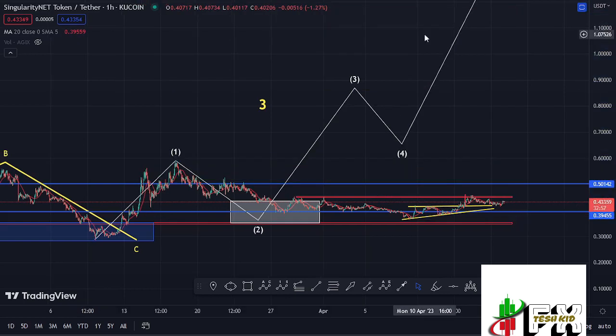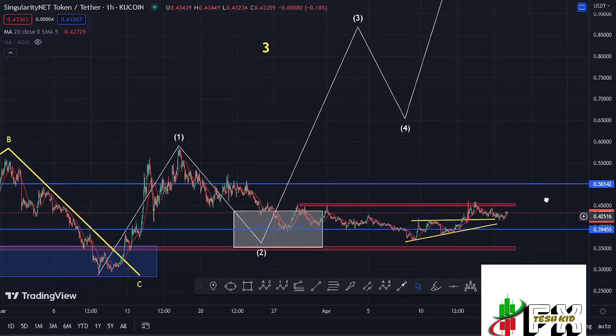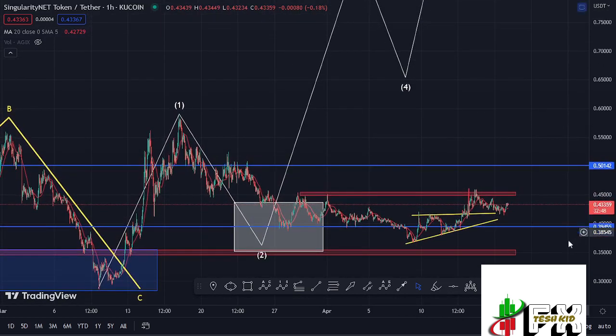And before all that plays out, there are key areas of resistances that we need to manage to break through. And the first one is a break above the key area of resistance at around the $0.45 mark. And the moment we see a break above that and get a successful retest, there are high chances that AGIX is going to continue gearing up, continue unlocking higher prices, break through above our key significant high at around the 0.5, and also see a break above the wave 1 high of this Elliot wave structure right here.